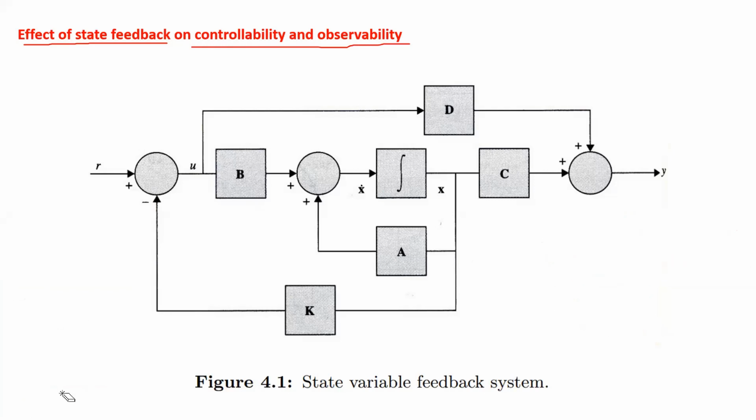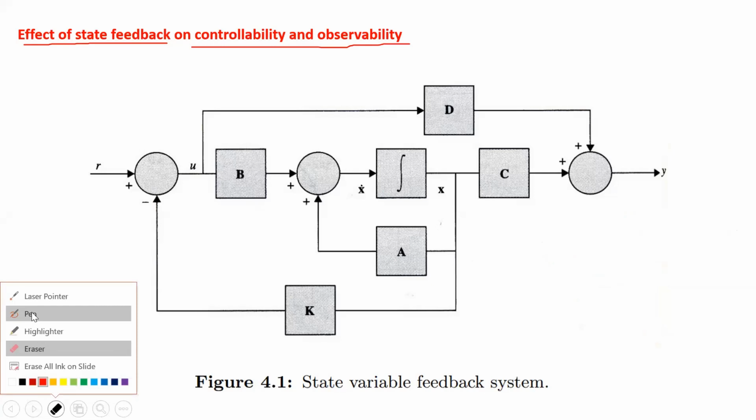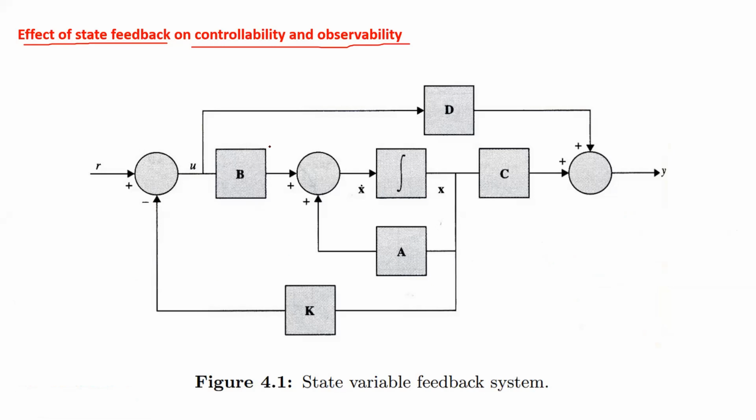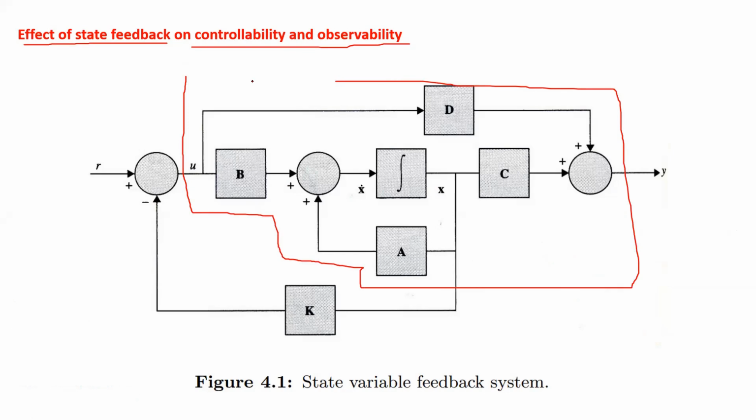I'm going to explain with a small example, that means I'm going to explain this diagram. As I said earlier, this is a block diagram representation of the state equation without state feedback.